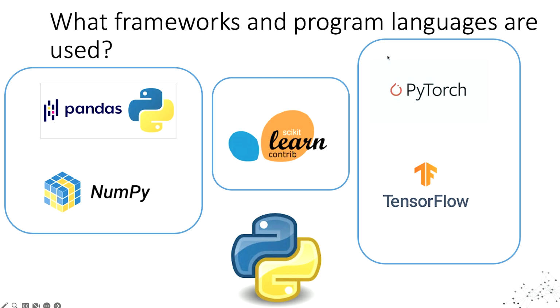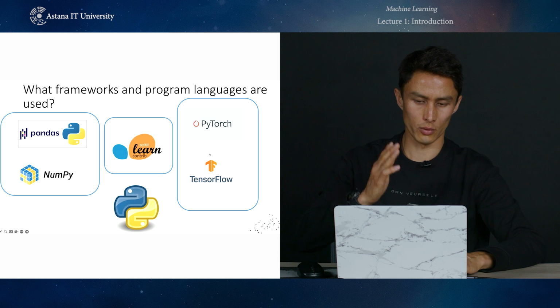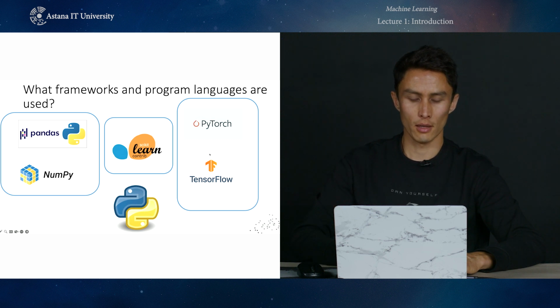And these ones are PyTorch and TensorFlow. PyTorch and TensorFlow have the same role in developing machine learning algorithms, and they are mainly used in deep learning algorithms. When you create different neural networks with several layers using PyTorch or TensorFlow, it's very efficient.